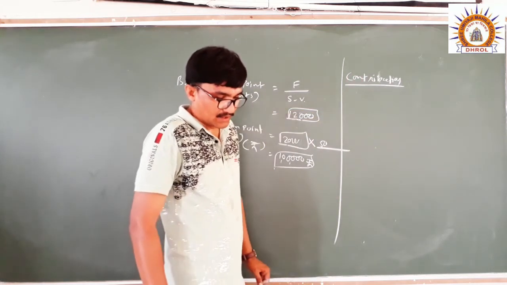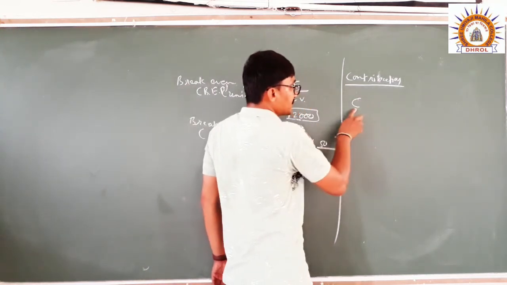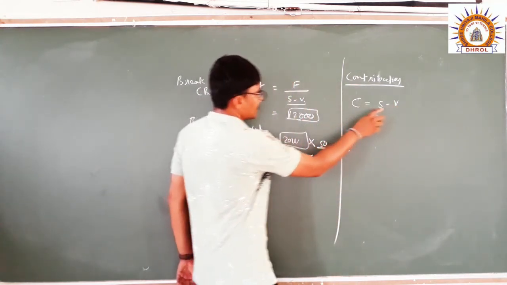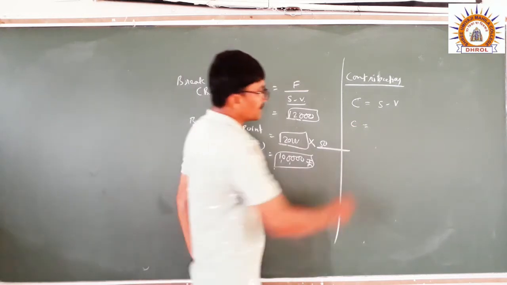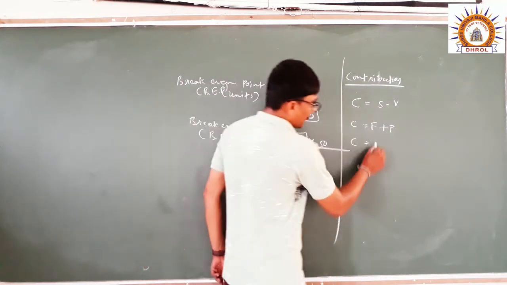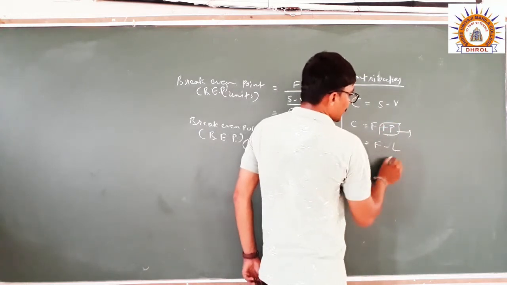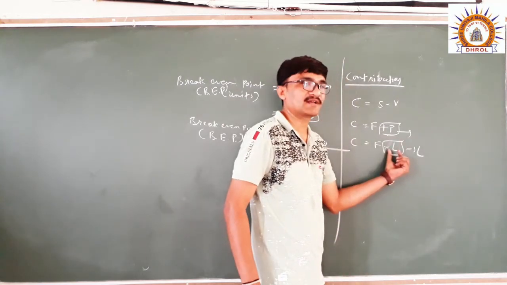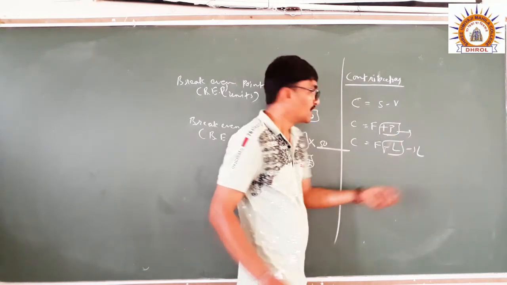The contribution in abbreviated form is C, which is S minus V, the selling price minus variable cost. Another formula of C is F plus P, and another formula of contribution is F minus L. Here P stands for profit and L stands for loss. If there is a loss, the sign is negative, and if there is a profit, the sign is plus.